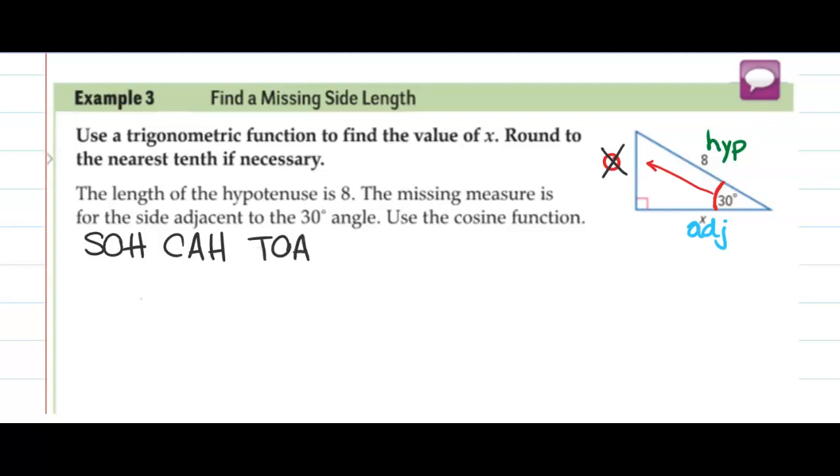H and A is best to use cosine. So we'll say that the cosine of 30 degrees is the adjacent over the hypotenuse. And then we'll solve by multiplying by 8 on both sides.